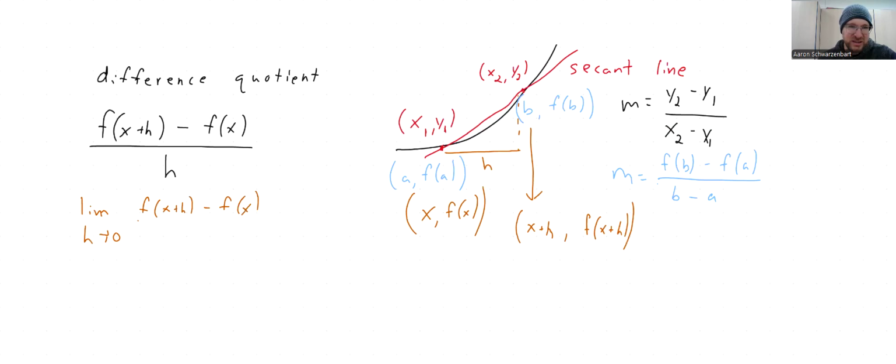So basically, you're squishing the 2 points together as h goes to 0, and that's known as the derivative. And so the derivative gives you the slope of the line at that exact point. It's known as the tangent line.